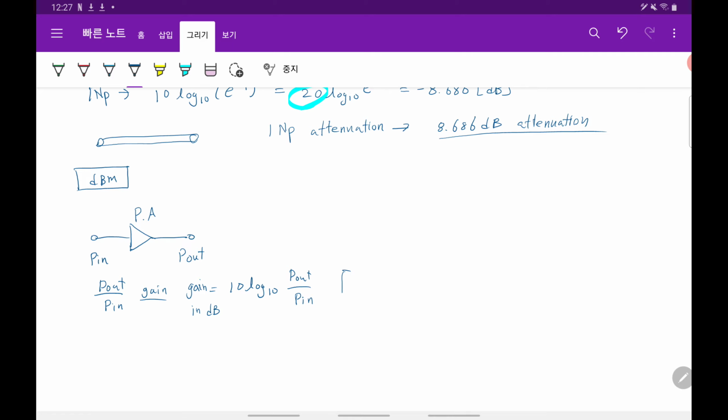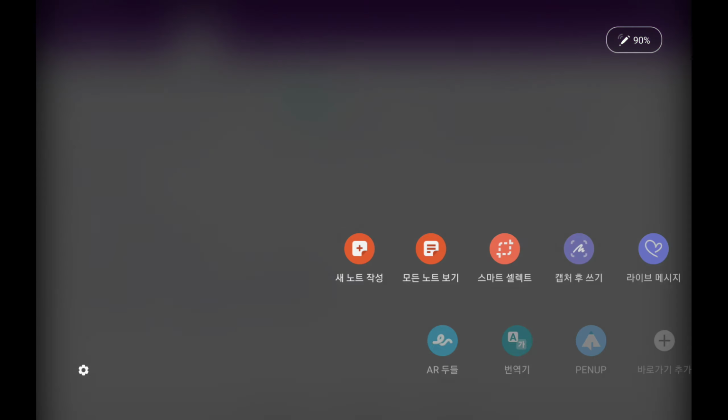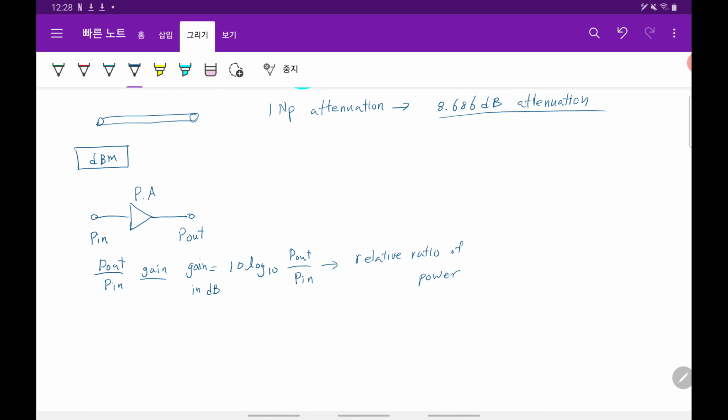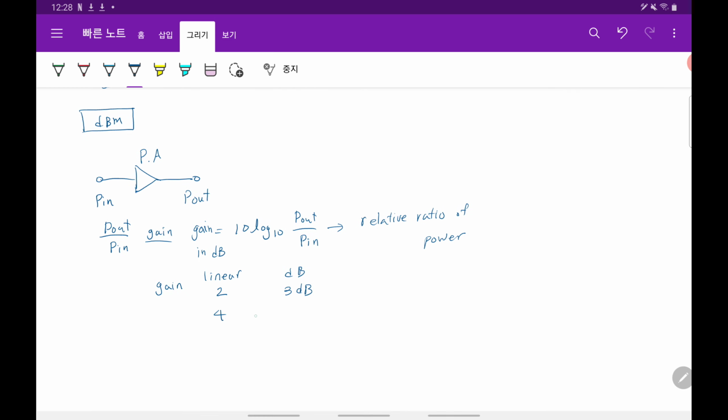So this is a relative ratio of power, not voltage. So for this gain, if the linear scale is 1 or 2, the dB scale is 3 dB. Linear 4, then 6 dB. 10 is 10 dB. 100 is 20 dB. 1000 is 30 dB, right?